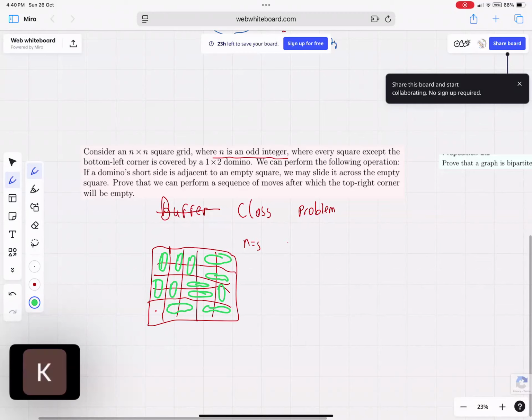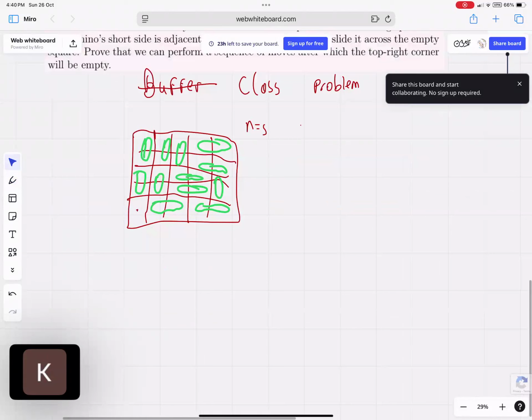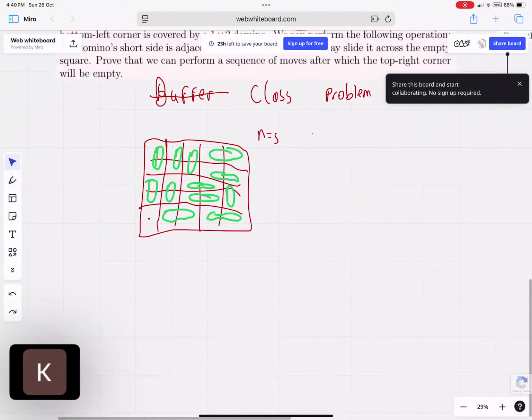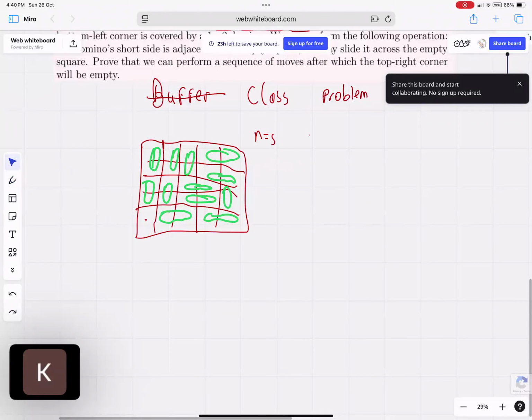Okay, so maybe we can do chessboard coloring. Then you can see that a move consists of shifting an empty square to a square of the same color.